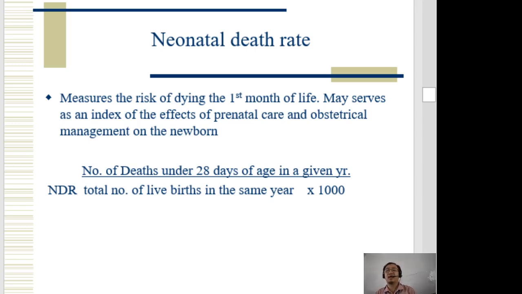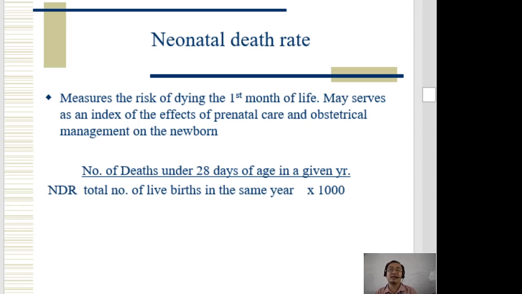Okay, so neonatal death rate, or NDR, measures the risk of dying in the first month of life. In references, it refers to the first 28 days of life, the first 4 weeks of life. It may serve as an index or measure of the effects of prenatal care and obstetrical management on the newborn.